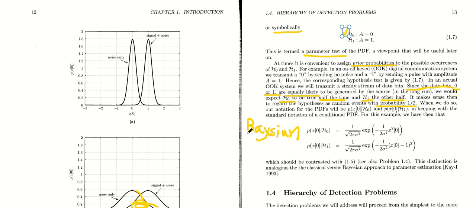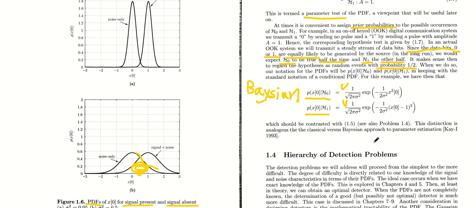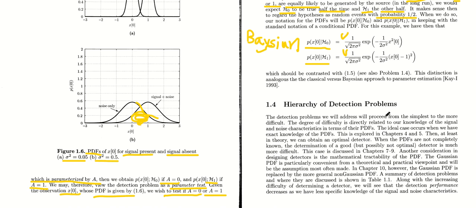We have a small chapter later to talk about Bayesian, but it's equally likely for now. So the probability distribution is like this, and the probability distribution is like that. Whenever you receive data, you are trying to distinguish between the two. So that's a binary hypothesis test problem.